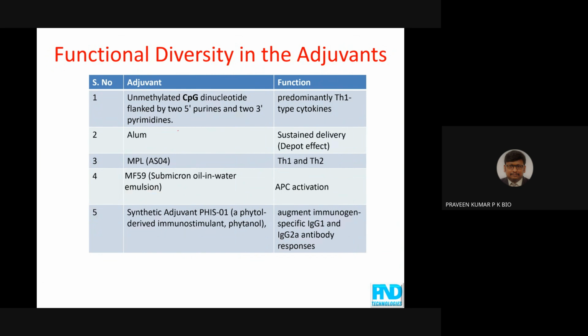This is functional diversity in the adjuvants. For more than 100 years, vaccines have used adjuvants like alum, the popular adjuvant. This is actually an inorganic salt. The inorganic compound can also accumulate in our blood and tissues, isn't it? So, for biodegradability, at present we are searching for natural sources, that is, adjuvants derived from natural sources like plants, animals, and algae.